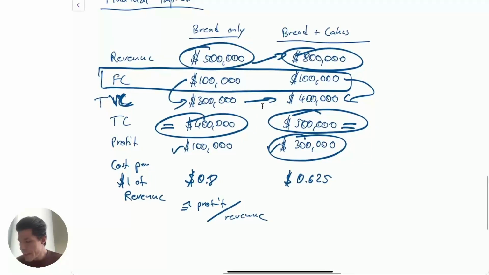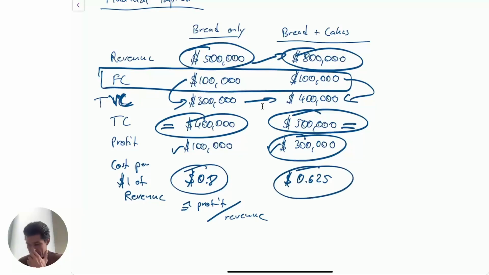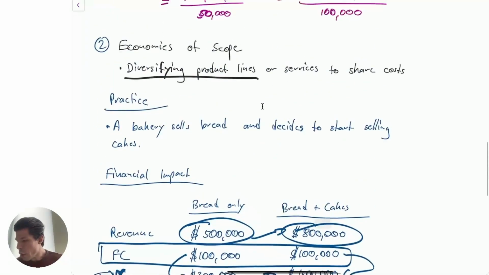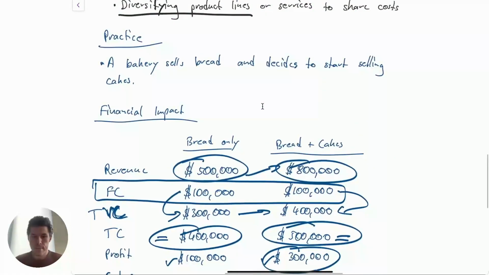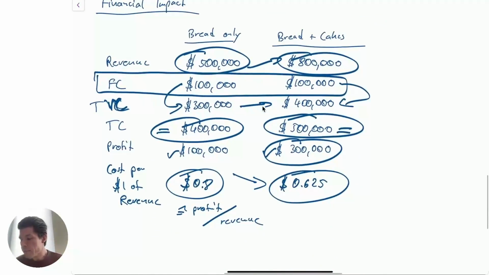And if we divide our cost by revenue, then we see our cost is 80 cents here and 62.5 cents here, which again shows that our underlying cost has decreased, similar to our economies of scale.